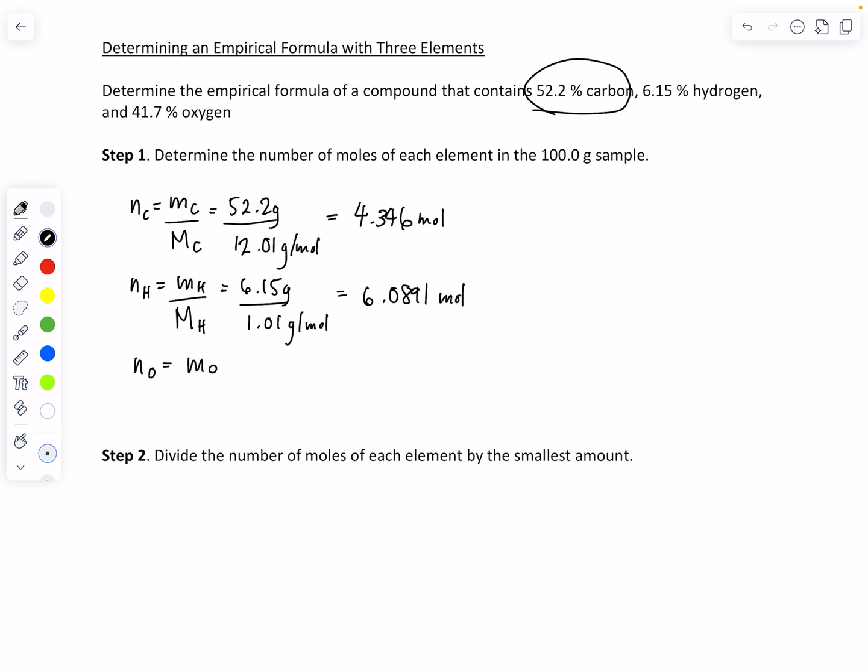The mass of oxygen divided by the molar mass of oxygen. In 100 grams, 41.7% becomes 41.7 grams divided by the molar mass, which is 16.00 grams per mole. Punch this in, and we get 2.6063 moles of oxygen.